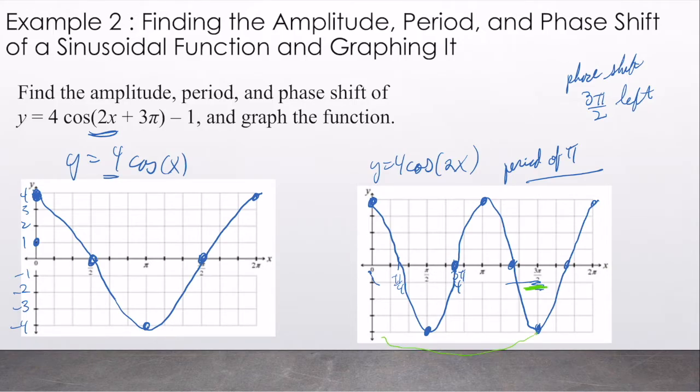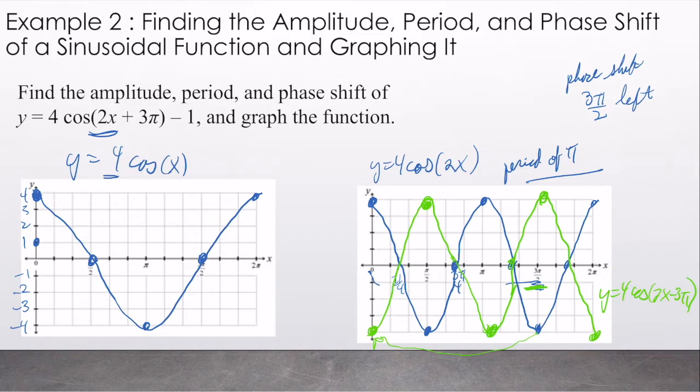So this point's going to come over here, this point's going to come over here, right? Everything's shifting 3 pi over 2. So now this is going to be my new function. It kind of looks like it flipped my graph over the x-axis, but it didn't. We were just shifting it 3 pi over 2. So here's y equals 4 cosine of 2x plus 3 pi.